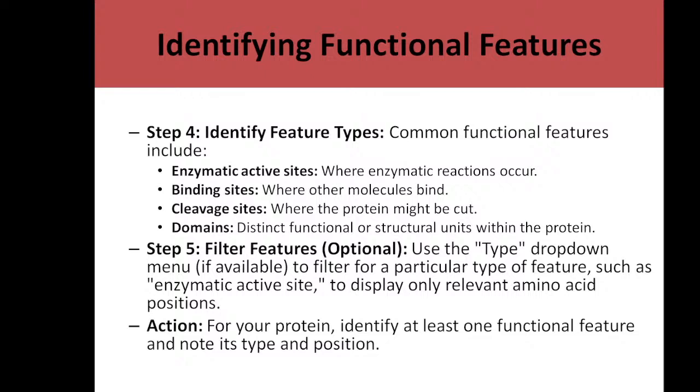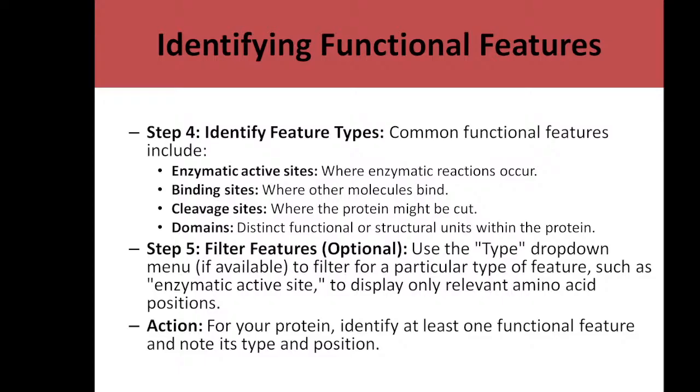Then step 5 is to filter your features. You use the type drop-down menu, if it is available in your browser, to filter for a particular feature such as enzymatic activity, I mean active site.